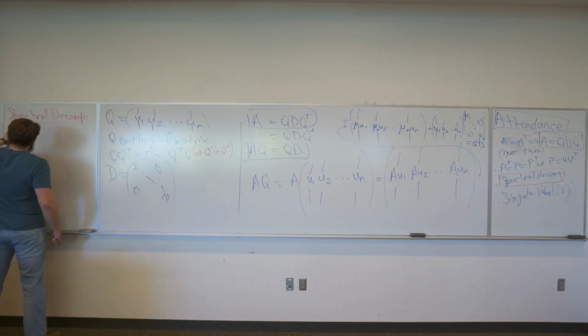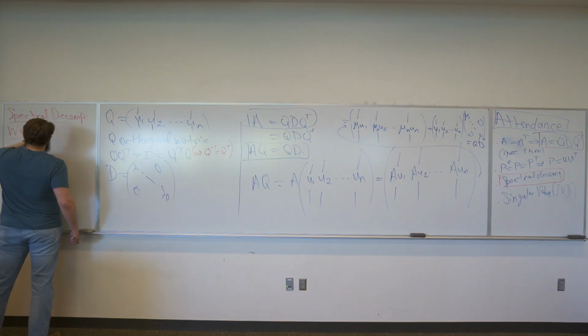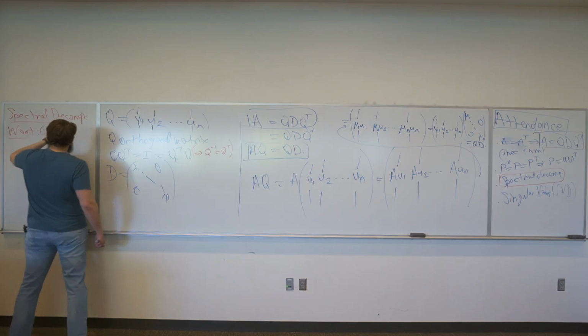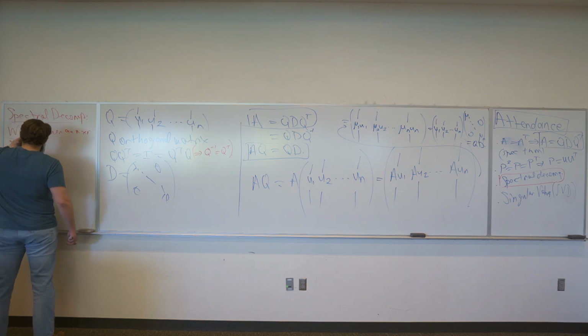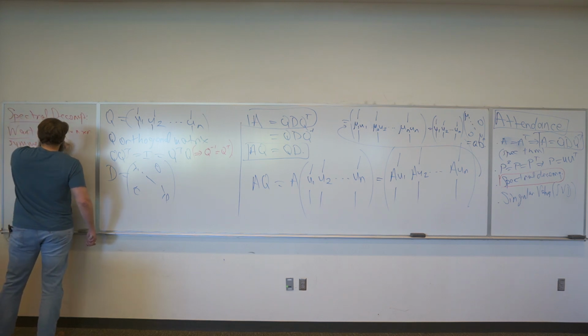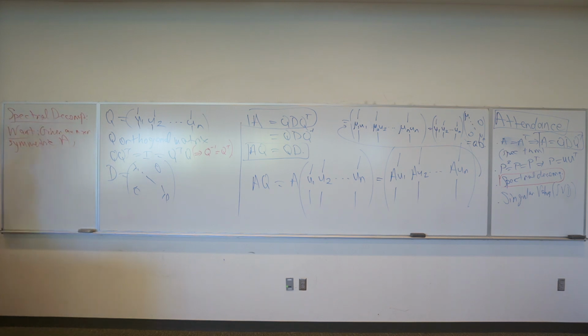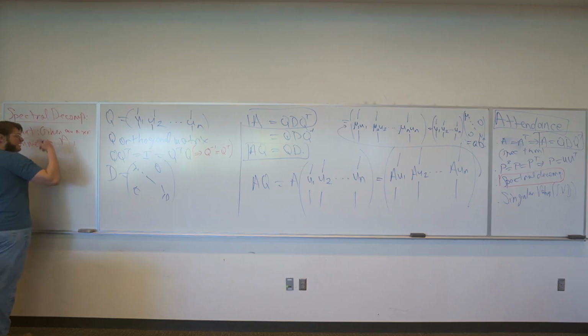Given an n by n symmetric A, I want to come up with finitely many rank 1 matrices, finitely many square matrices, each of whose rank is 1. These are simple transformations, such that some linear combination of them gives me back A.